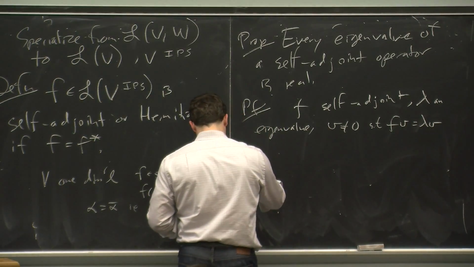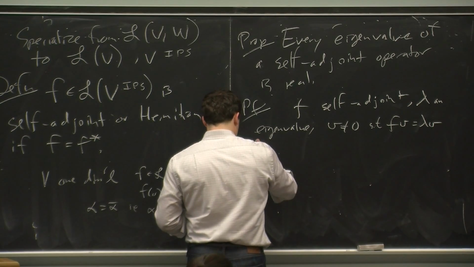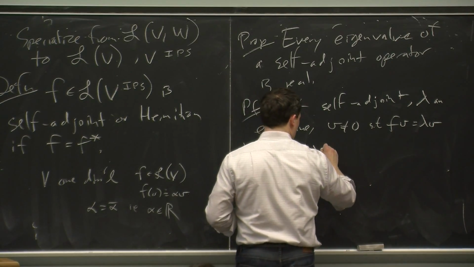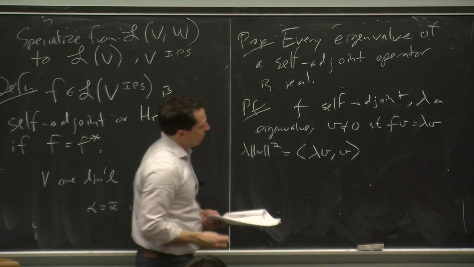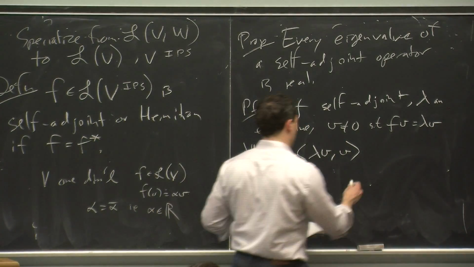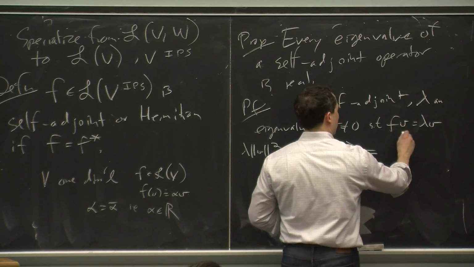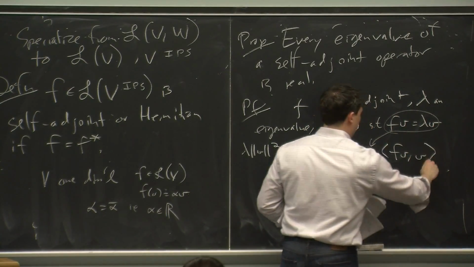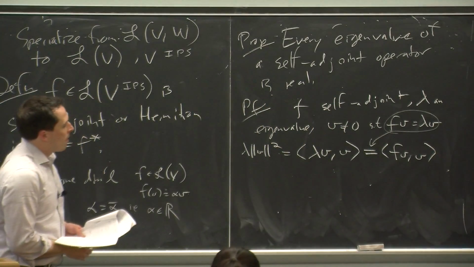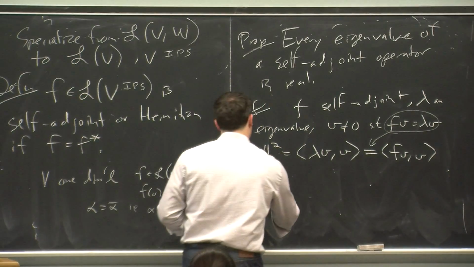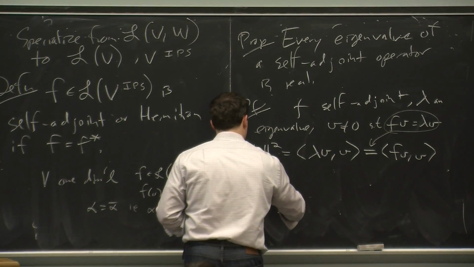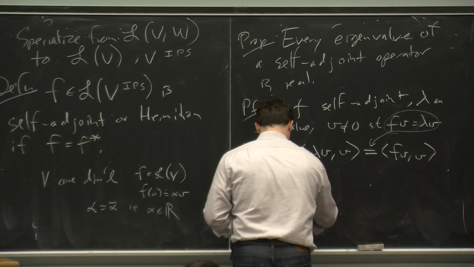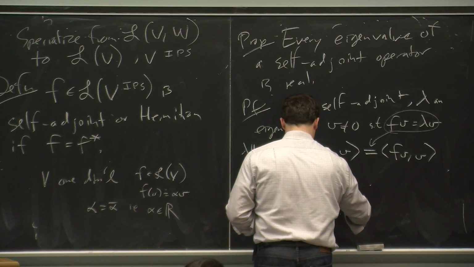And consider what happens when I take lambda times the square of V, or in other words, I put lambda V on one side of an inner product and V on the other. Because it's an eigenvalue, that's equal to ⟨F(V), V⟩. And I'm setting it up so I can use self-adjointness. So by self-adjointness, I can move F to the other side: ⟨V, F(V)⟩.